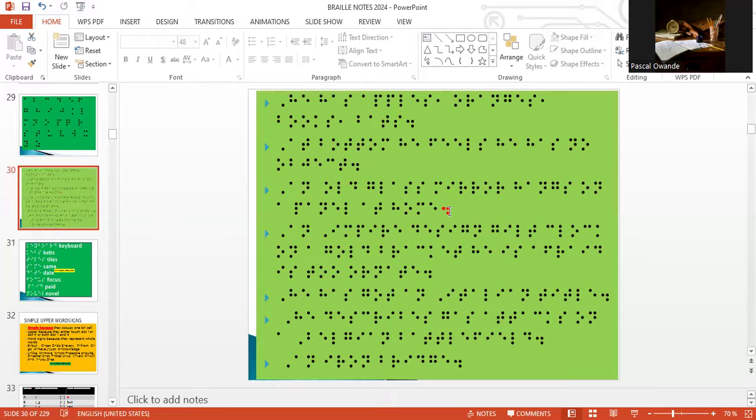Full stop, that is dots 2, 5, 6. So we will read the sentence as, an old glass mirror hangs on a panel at home. Full stop.